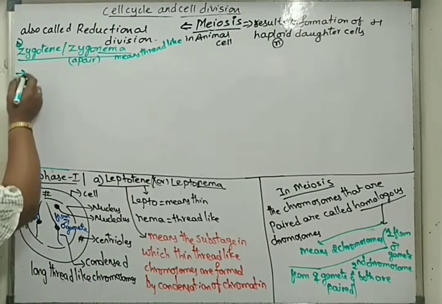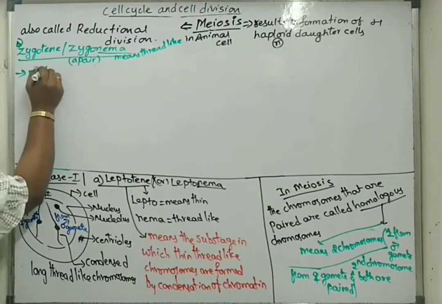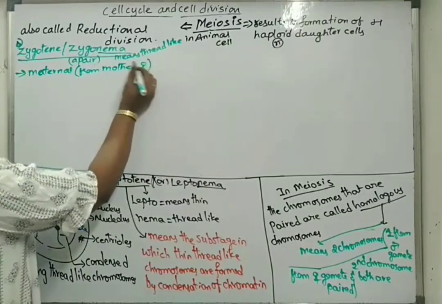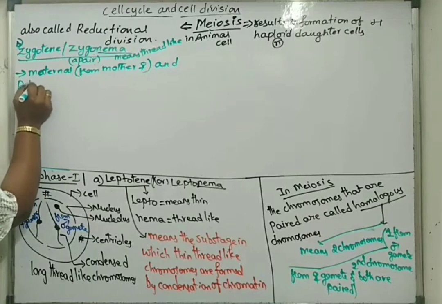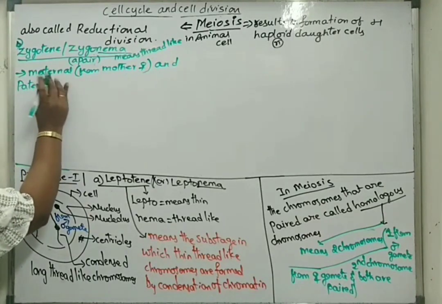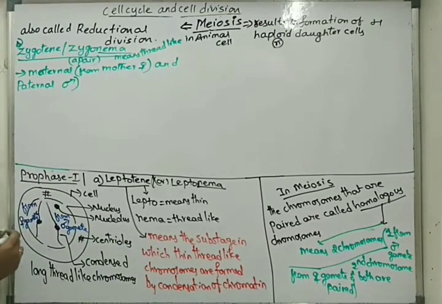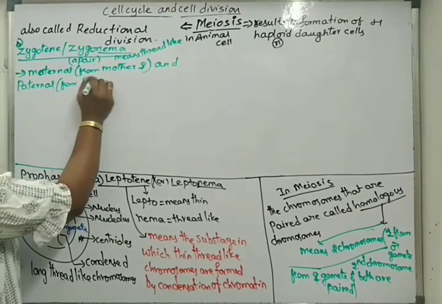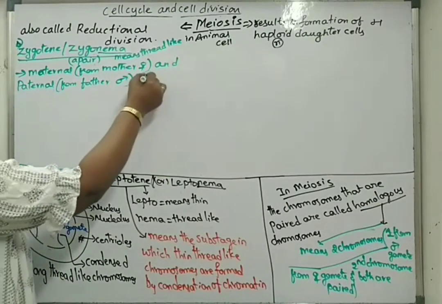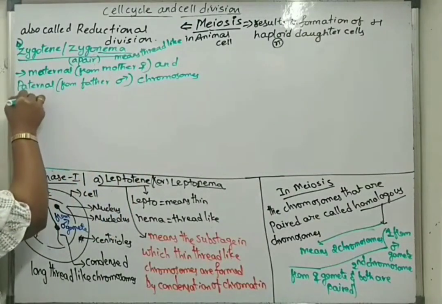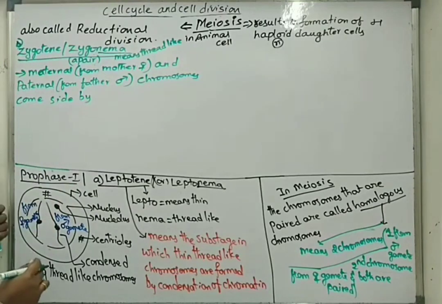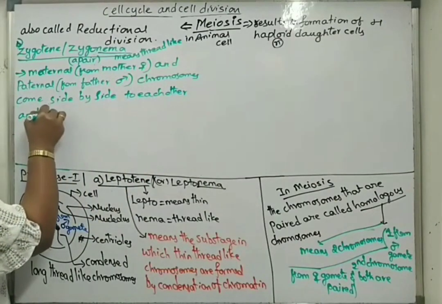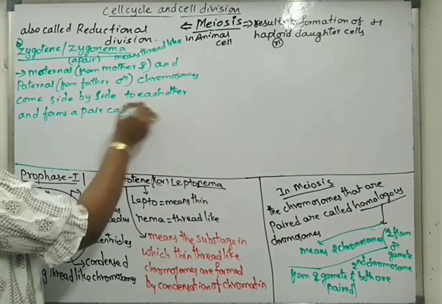In zygotene, maternal, that is from mother, and paternal, that is from father, chromosomes come side by side to each other and form a pair called homologous pair.